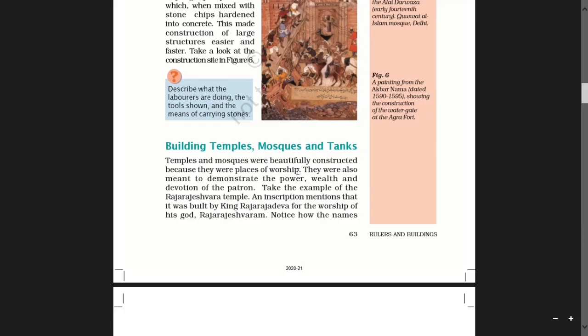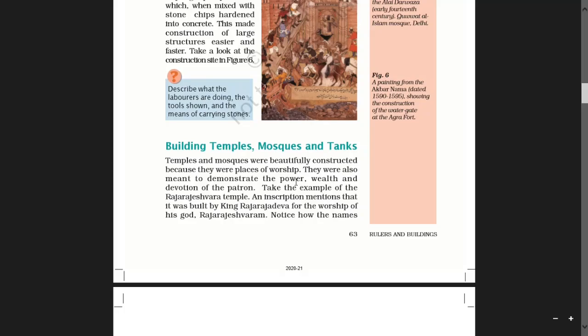Temples means where Hindus used to go for prayer, and mosque is the place where the Muslim community used to go for prayer. They were beautifully constructed. It is because they were places of worship. Yes, they were places of worship. That's why these temples and mosques were beautifully constructed.